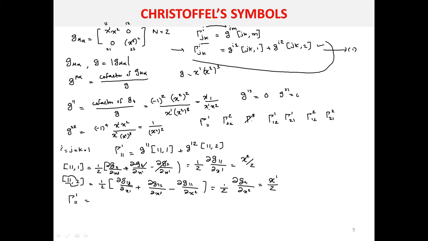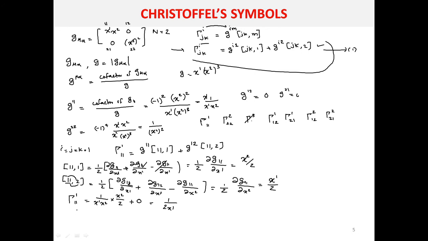Its value is 1 by x1 x2, so it can be written as 1 by x1 x2 into the value of [11,1], which is x2 by 2, plus the next term g12, the value of g12 is 0, so this term is 0. So x2 will be cancelled, and you get 1 by 2 x1.